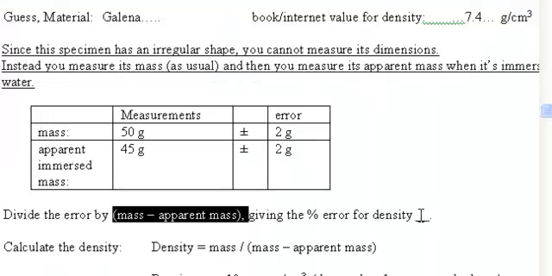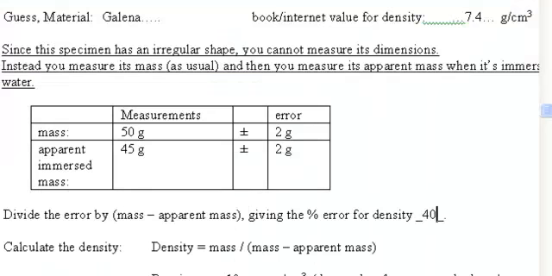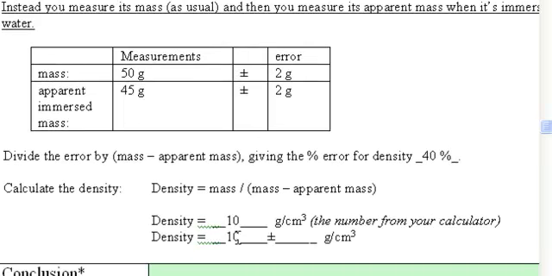I have a pretty huge error, 40%, and that comes from the fact that the spring scale for small masses, in this case a small difference in mass, does become relatively inaccurate. So 40% error, which I now attach to the 10, and of course 10 times 0.4 is going to give me 4. We can type it in the calculator. 10 times 0.4 is 4 grams per cubic centimeter.